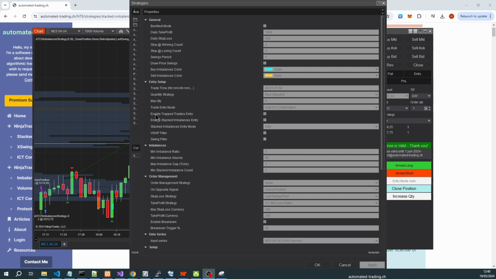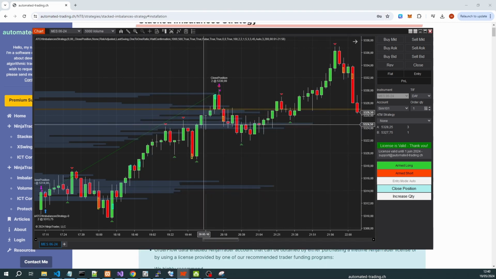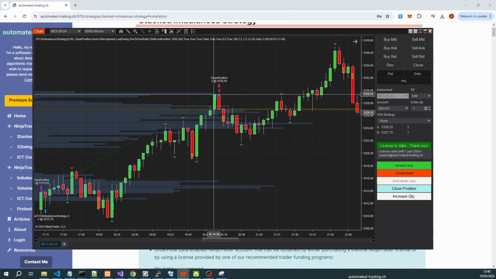There's a second type of entry, which is the trap traders entry. The trap traders entry will look for a stacked imbalance, also with the same settings, but when it sees a buy side imbalance like this one, it will wait for reversal.